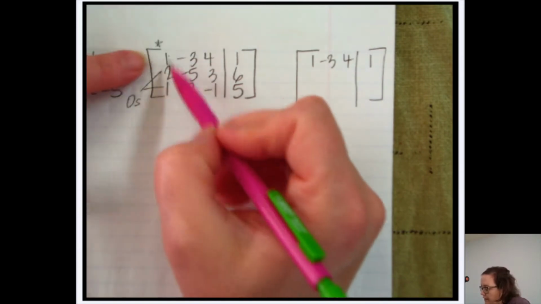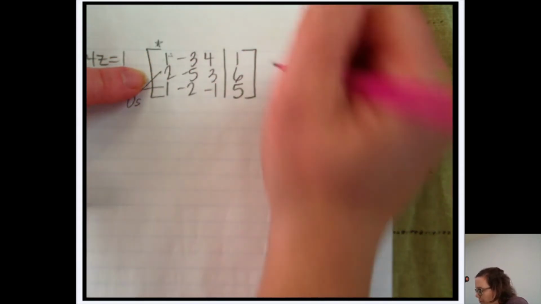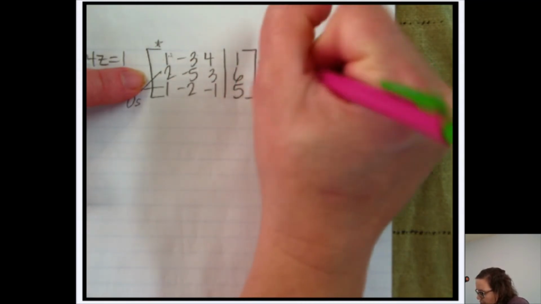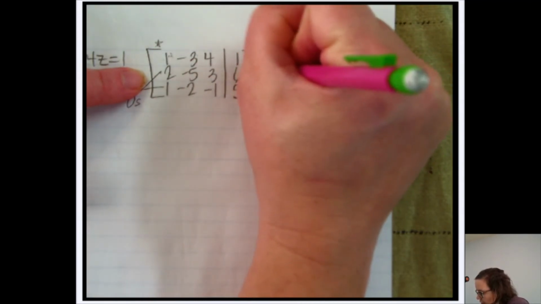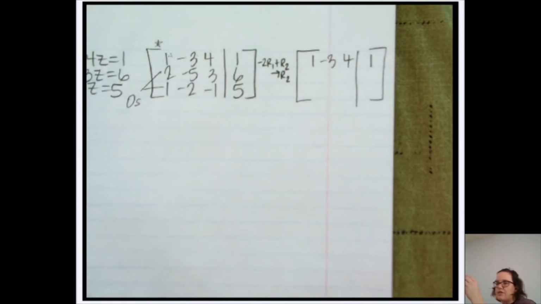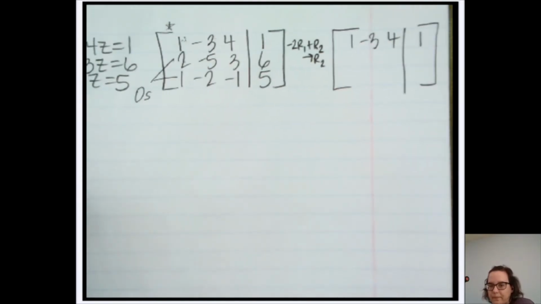So the first and second one together, we need a 2 and a negative 2. So I'm going to multiply negative 2 times the first row, add it to row 2, and then it's going to go back to row 2. Okay, so again, row 1 should not be changed. You're just putting in for 2 and 3. Okay.